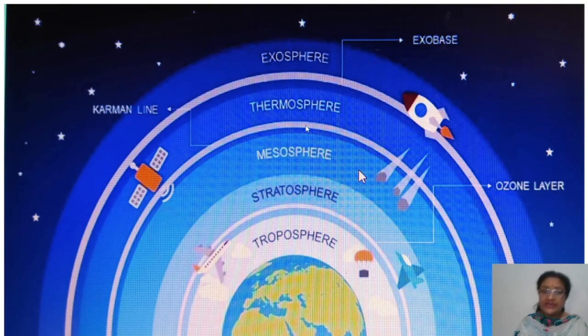But when they enter Mesosphere, they totally get fused. That means it's extremely low temperature and it makes the meteors cool down immediately. And as they cool down, their impact when they reach the Earth's surface gets very less, and they cause very less destruction if they are able to reach the Earth's surface.